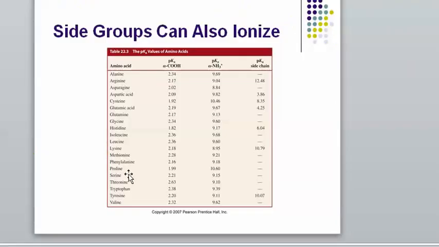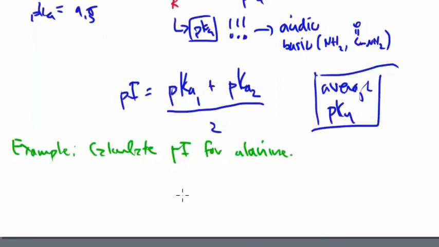Well, I go to that table and I need to find alanine. They've done a nice cute little job because they've put it in alphabetical order for you, so that way it's easier to find. So alanine is up here at the very top, and we see that the pKa value for COOH is actually 2.34. So let me draw the structure for alanine first.